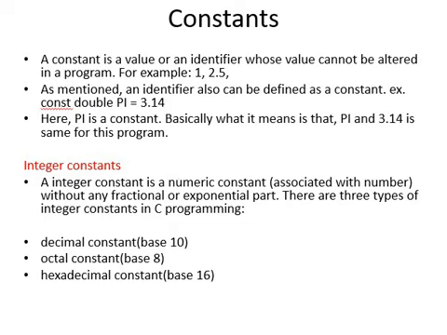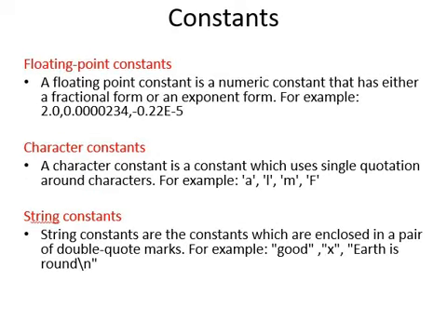So what are integer constants? An integer constant is a numeric constant associated with a number without any fractional or exponential part. There are 3 types of integer constants in a C program: decimal constant with base 10, octal constant with base 8, and hexadecimal constant with base 16. Then we have floating point constants. A floating constant is a numeric constant that has either a fractional form or an exponent form.